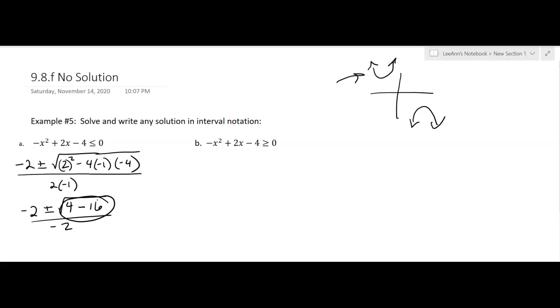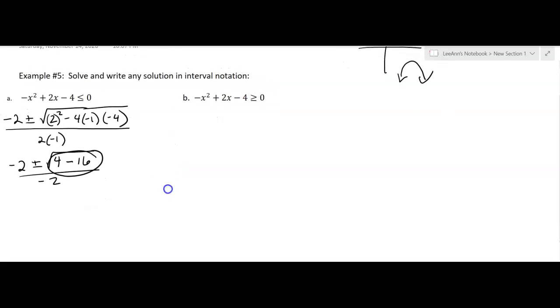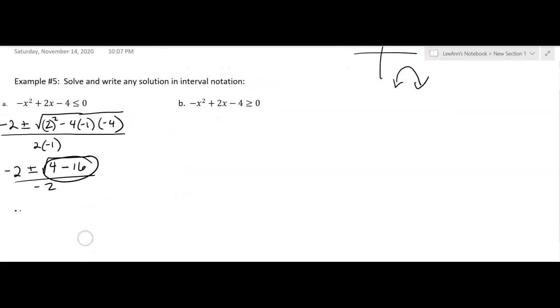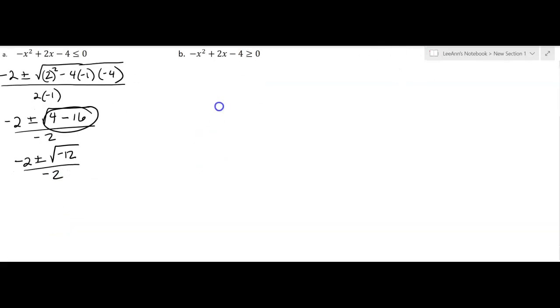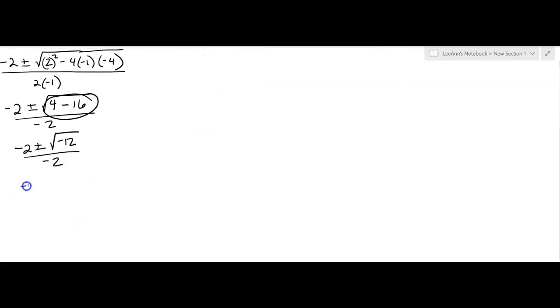And so I've got the square root of a negative number, so it's going to be an i situation. So let's finish it off. -2 plus or minus the square root of -12 over -2. Which is going to be, here it goes, -2 plus or minus 2i square root 3. Or you can put the i in the back.